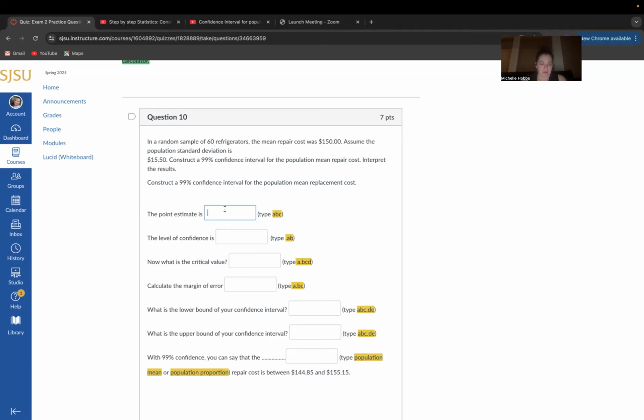Okay, so let's see. We know the sample size is 60, and the sample mean repair cost is 150. The standard deviation, yes, we got all that. Level of confidence, critical value.